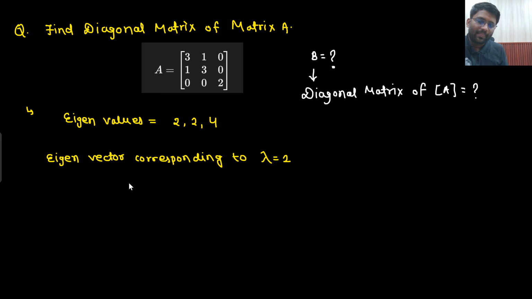So how will I find it? (A minus lambda I) multiplied with x should be equal to 0.